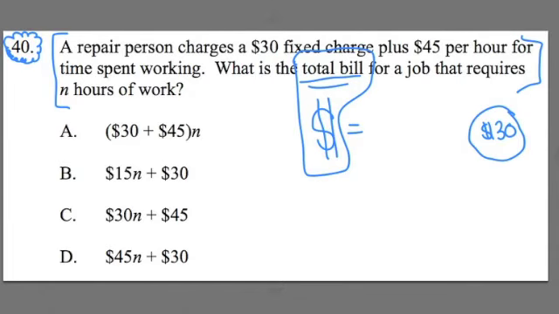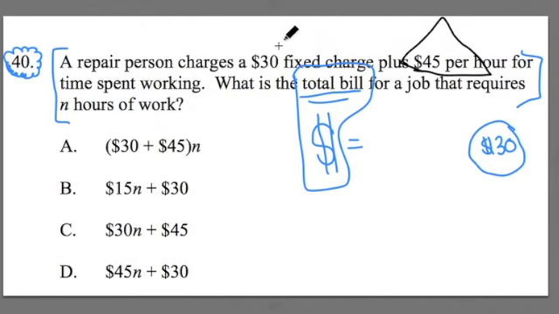Then, depending on how many hours they work, they have a rate per hour. So if this is our starting point, this is our rate. The rate is $45 per hour, for every hour that they work. We don't know how many hours, but we're going to say they do N number of hours.